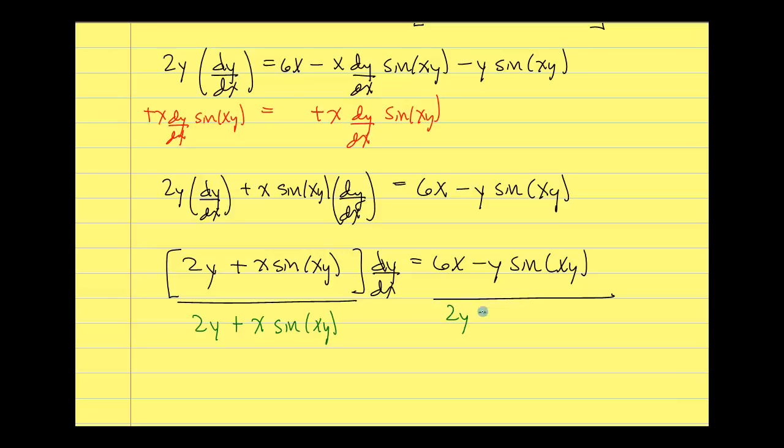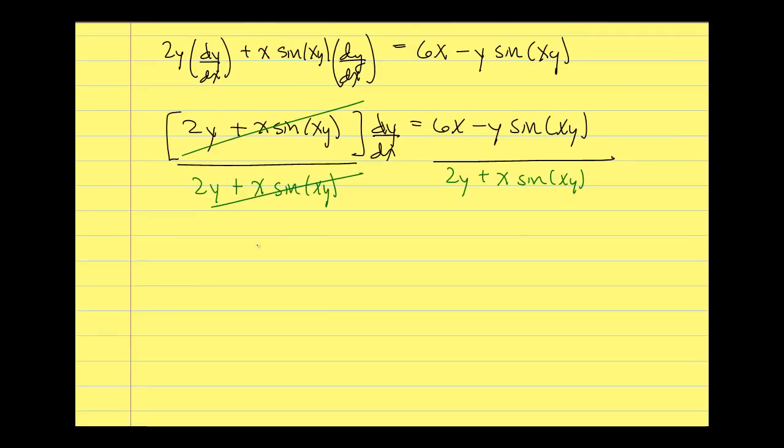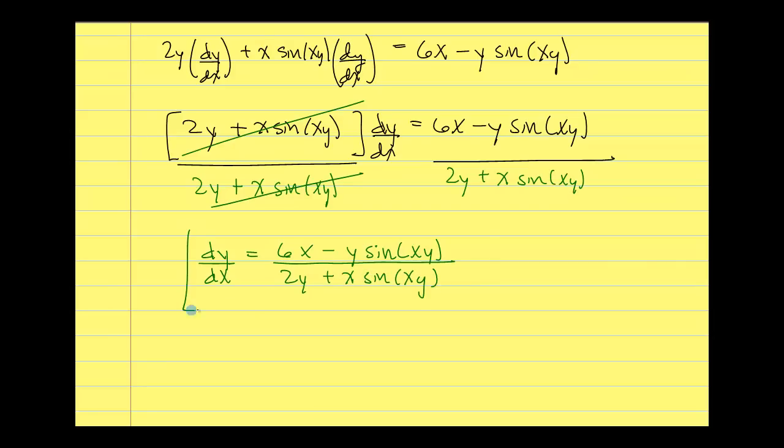Again, whatever you do to one side, you have to do to the other. So these cancel, and I'm left with dy/dx equal to 6x minus y sine xy all over 2y plus x sine xy.